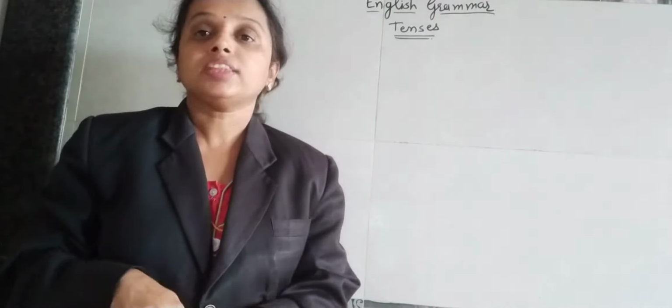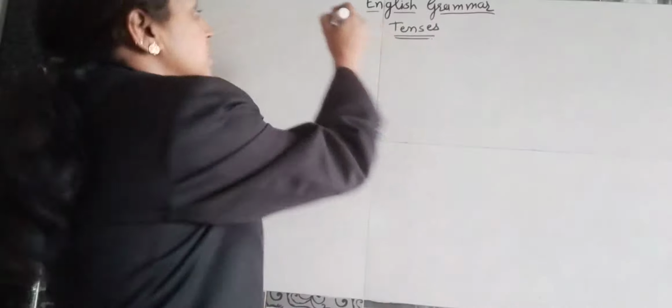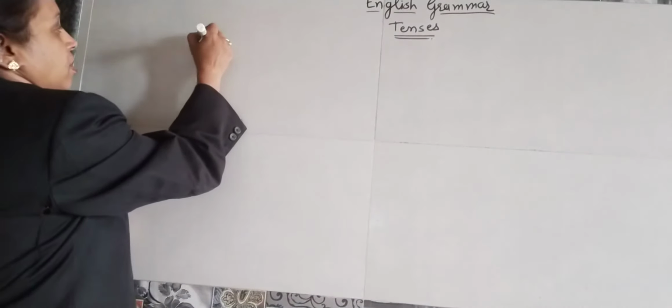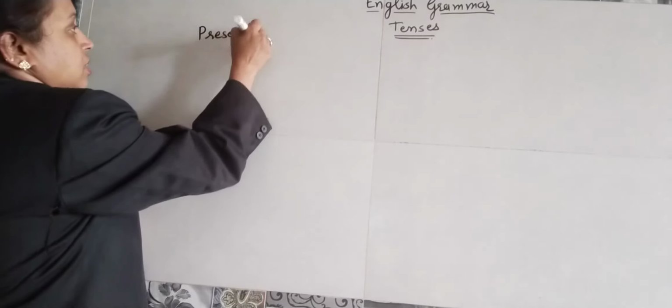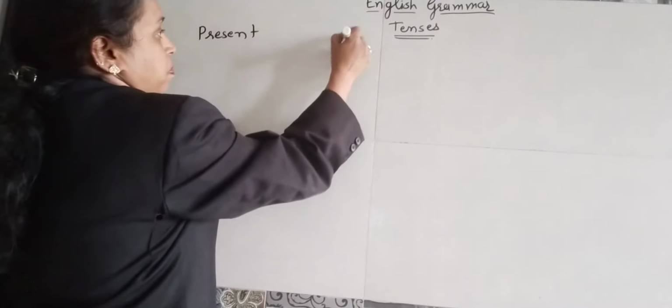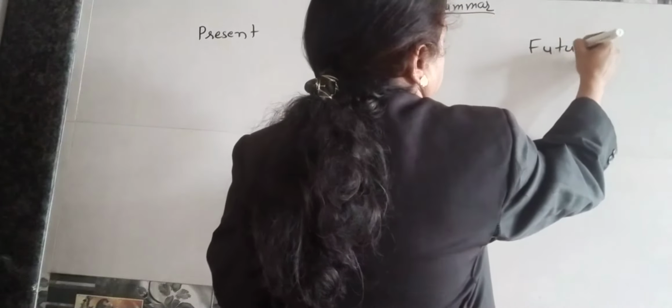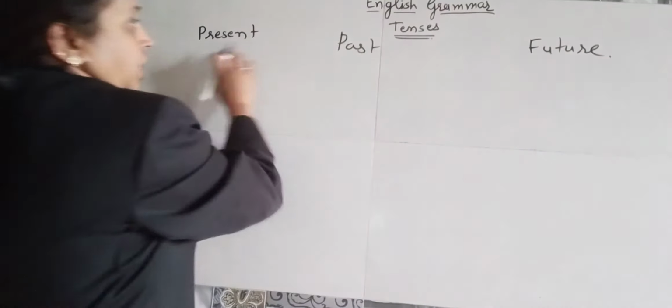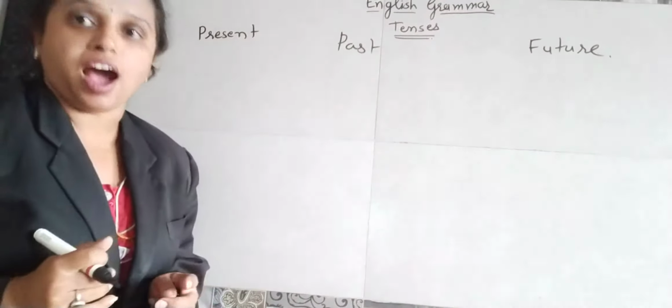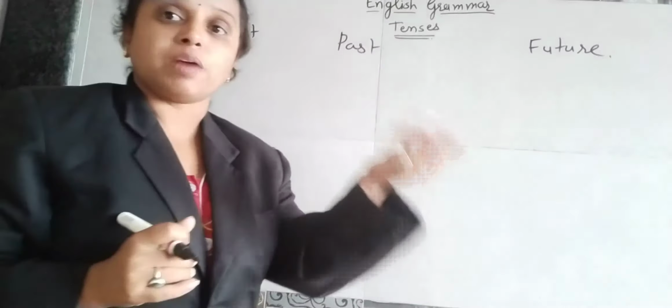So there are three basic tenses: present, past, and future. In these tenses there are also four subtenses.